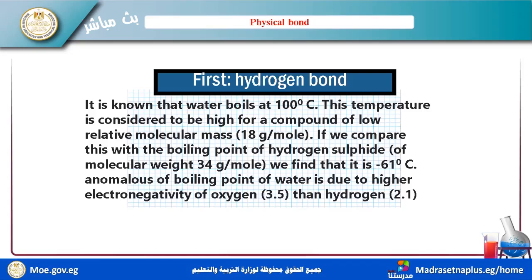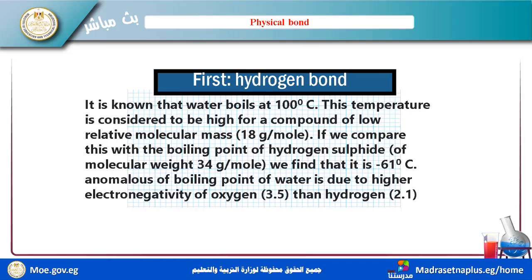If we compare this with the boiling point of hydrogen sulfide, H2S, which is a gaseous compound with a weight of 34 grams per mole, we find that its boiling point is negative 61. How is that so? Negative 61 for H2S when its molar mass equals 34, and water equals 18 with a boiling point of 100. Explain to me how that happens. What is the reason for that?